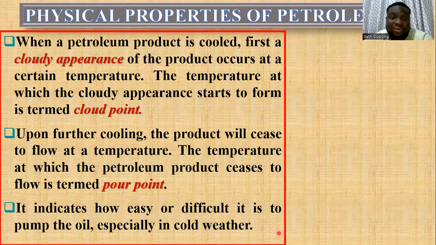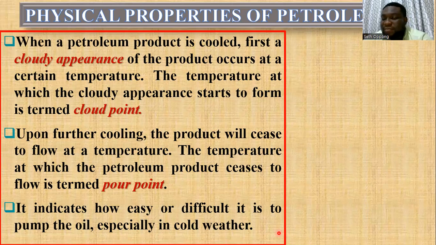Now we move to the cloud point and then the pour point. Before I talk about it, let me give you an illustration. If you have a crude oil and you are in a place which is very cold, like let's say Russia, you would notice that as you're using this oil, the oil will cease to flow because it's very heavy and it's almost chilled.